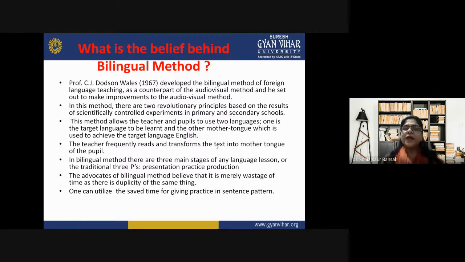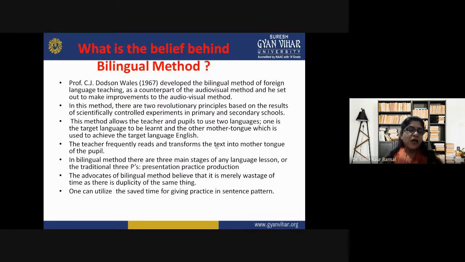That means the presentation is given by the teacher on how the language is learned. You all know how you will teach a grammar lesson plan with the help of the inductive-deductive method. So in that case, we present the concept of grammar in a very beautiful manner with the help of teaching aids also.